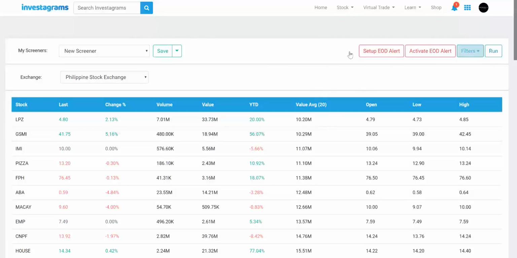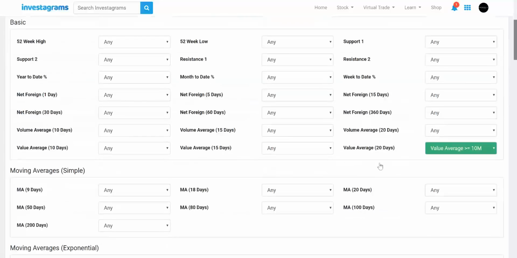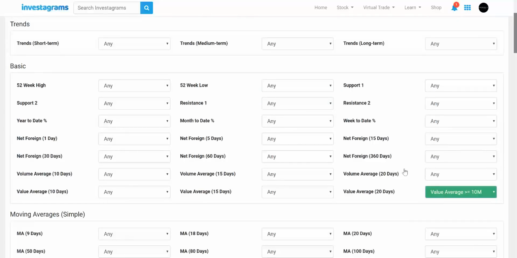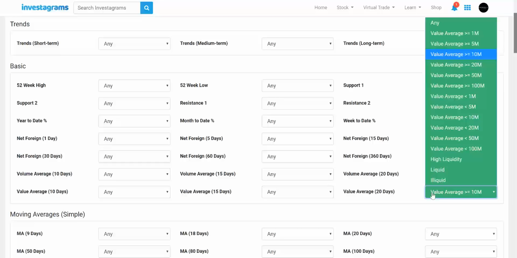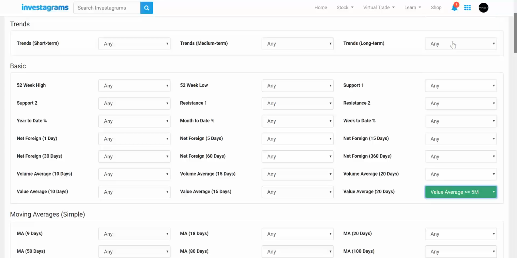Now it really depends on your rules as a trader. There's no perfect formula in this. The way to go about this is to ask yourself, what kind of stocks do I want to find? What kind of stocks do I want to filter? If you're a more speculative type of trader, you just want to trade the small caps or the micro caps, you could even lower your average value to 5M.